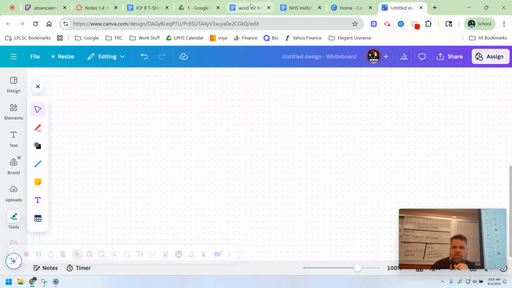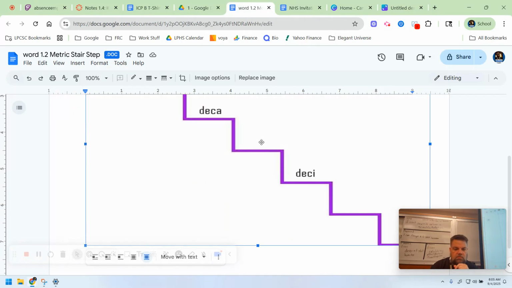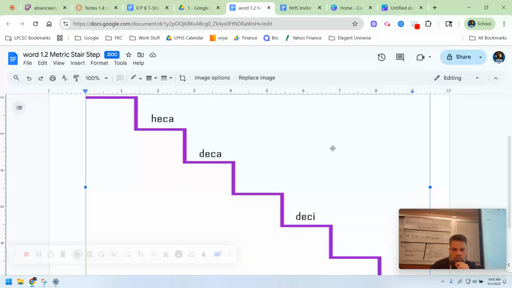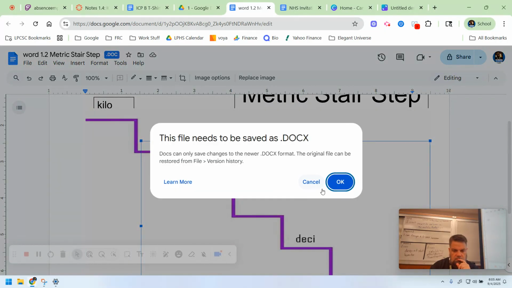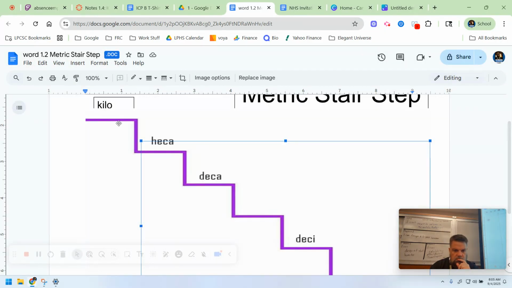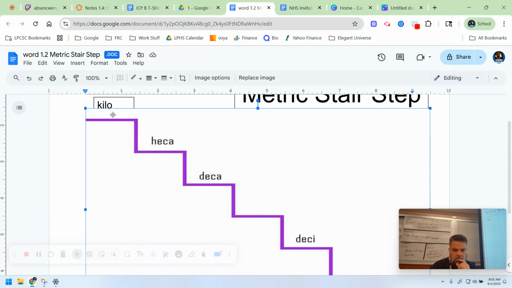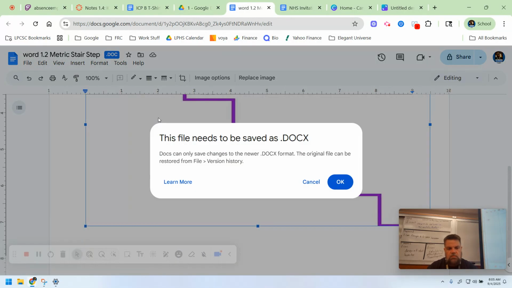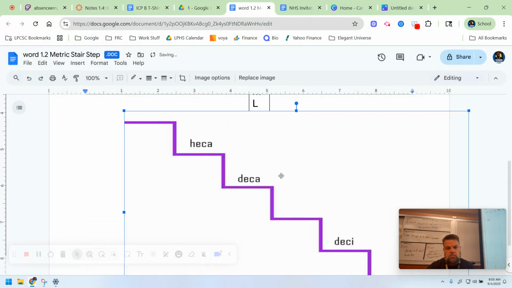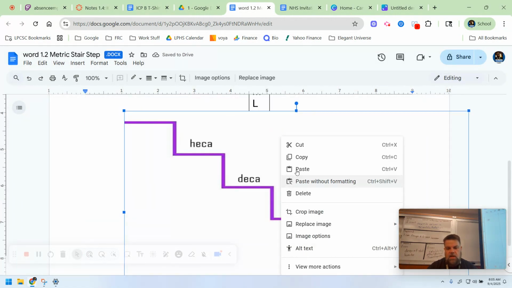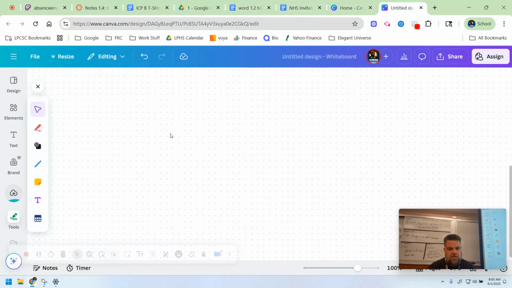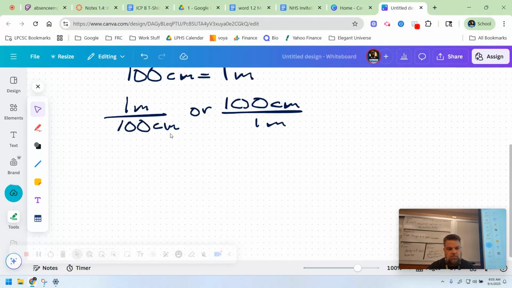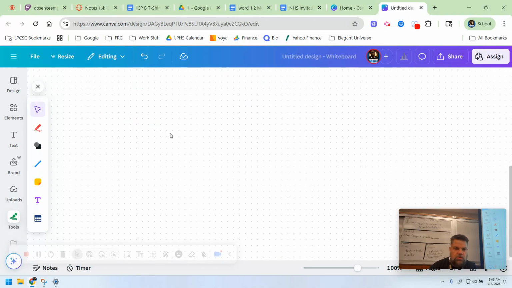It does not like that image. Oh, maybe I was copying the wrong image. Maybe I was copying a blank image. Let's try this. Alright, I'm just going to draw it out.